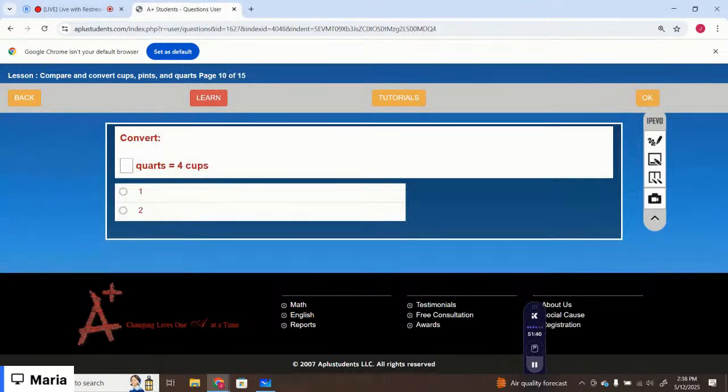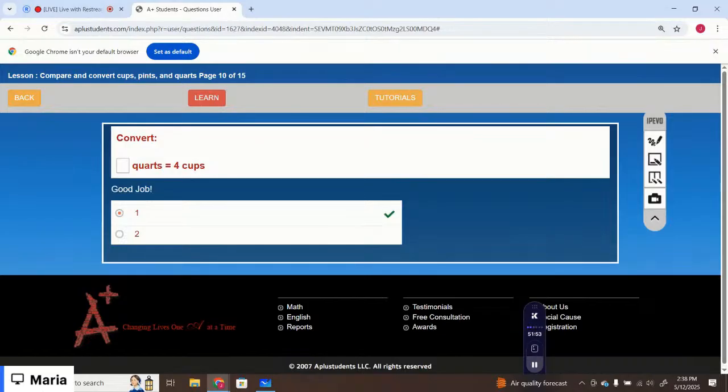4 cups equal how many quarts? 4 cups equal 1 quart. Option number one is the correct option.